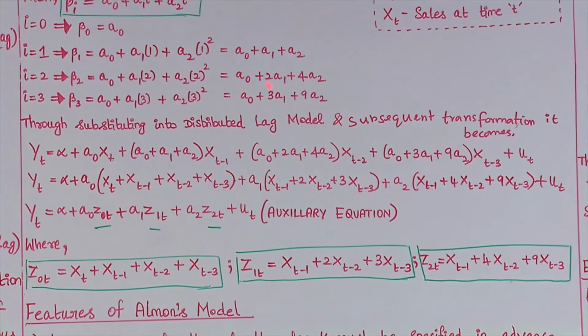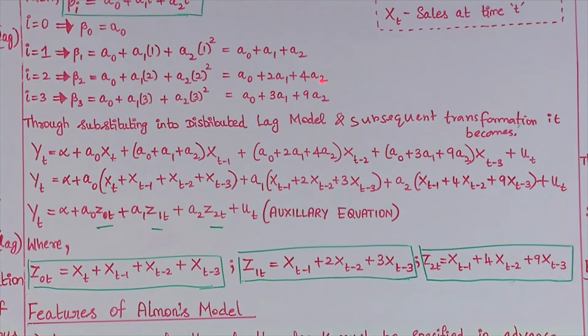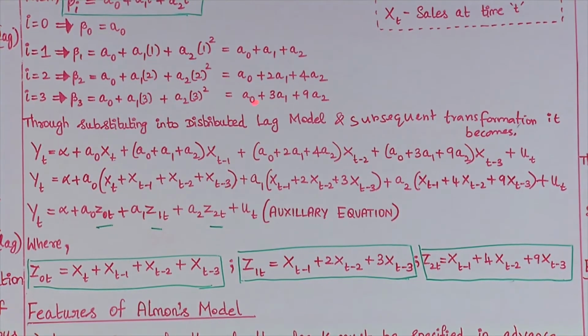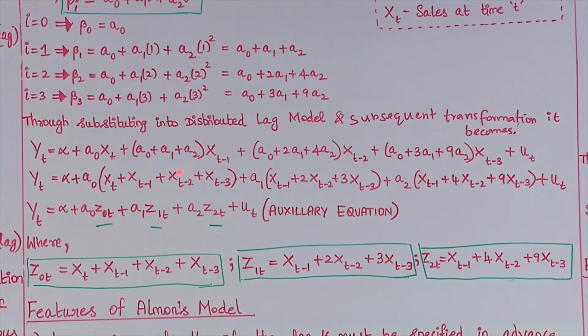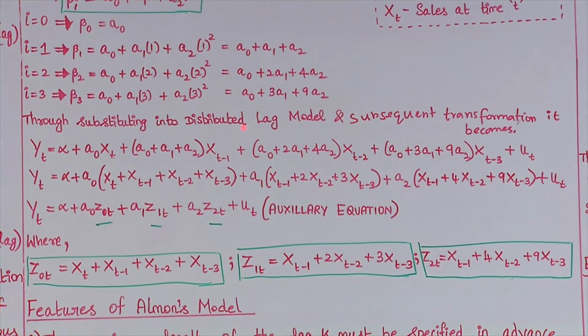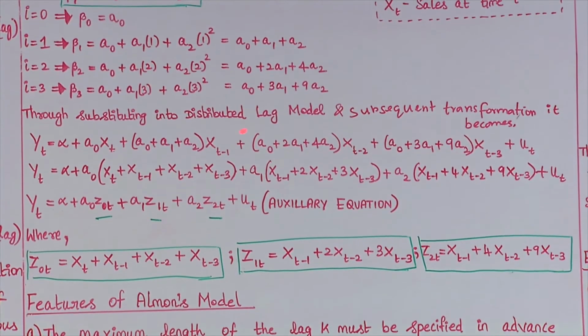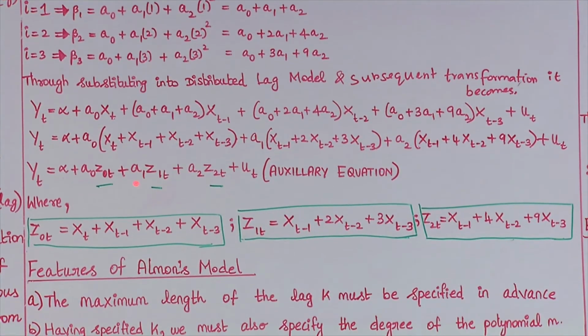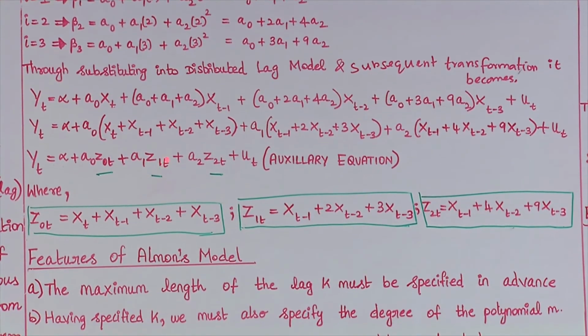You have got a weighted sum of a0, a1 and a2, and beta 3 is also a weighted sum, a0 plus 3a1 plus 9a2. So these coefficients of the main equation are recomputed using the coefficients we obtained from the auxiliary equation. So this is how Almon's DL model is estimated, and this model can handle any pattern of effect size.